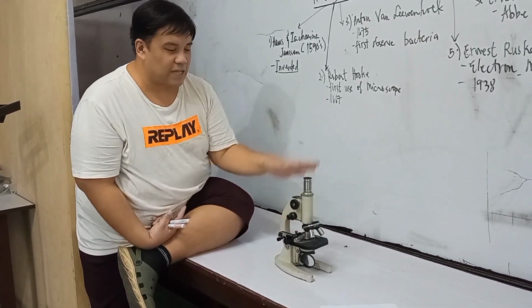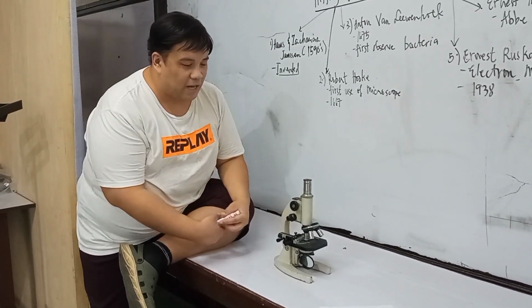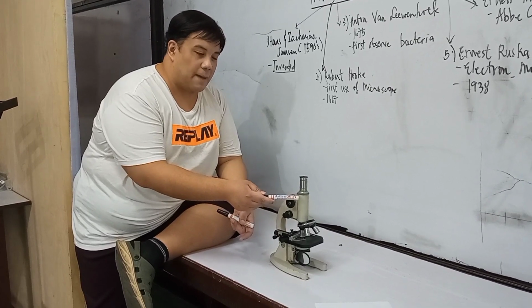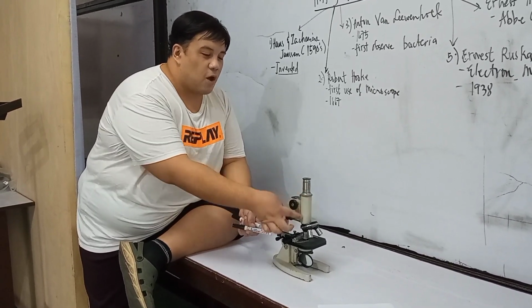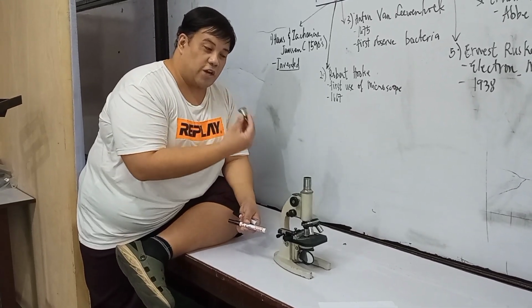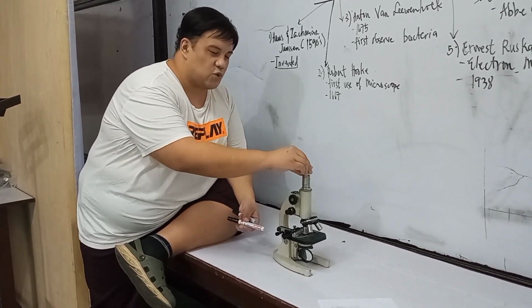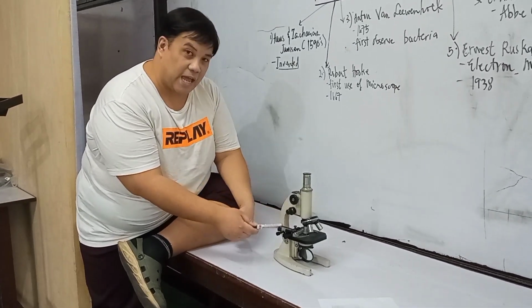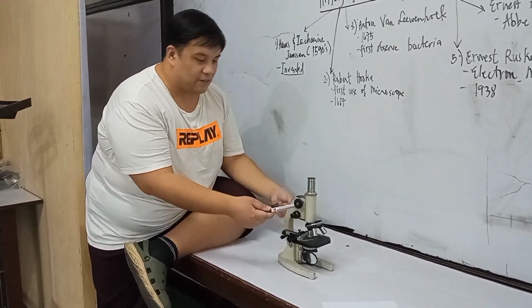Doon muna tayo sa mechanical. Mechanical consists of the body tube. Body tube holds the ocular or the eyepiece. And then we have the neck.